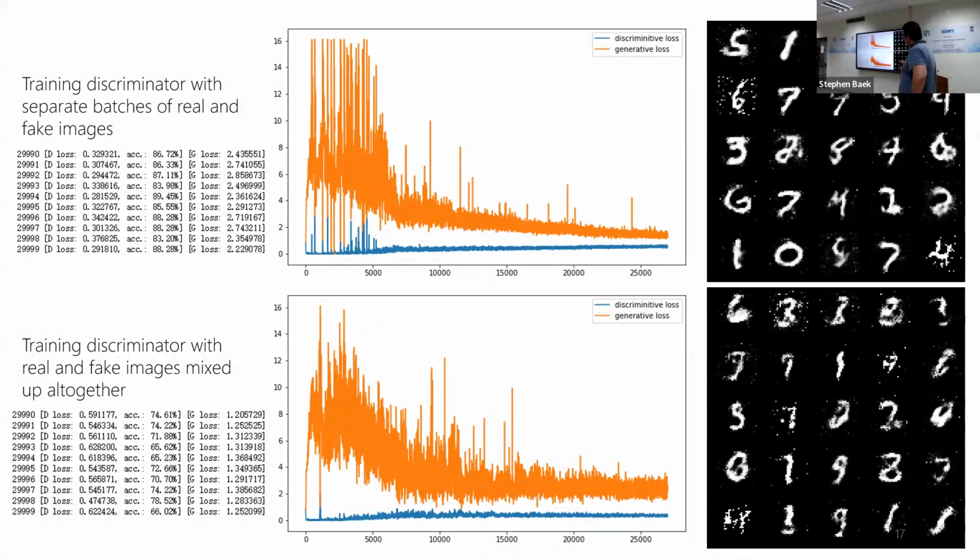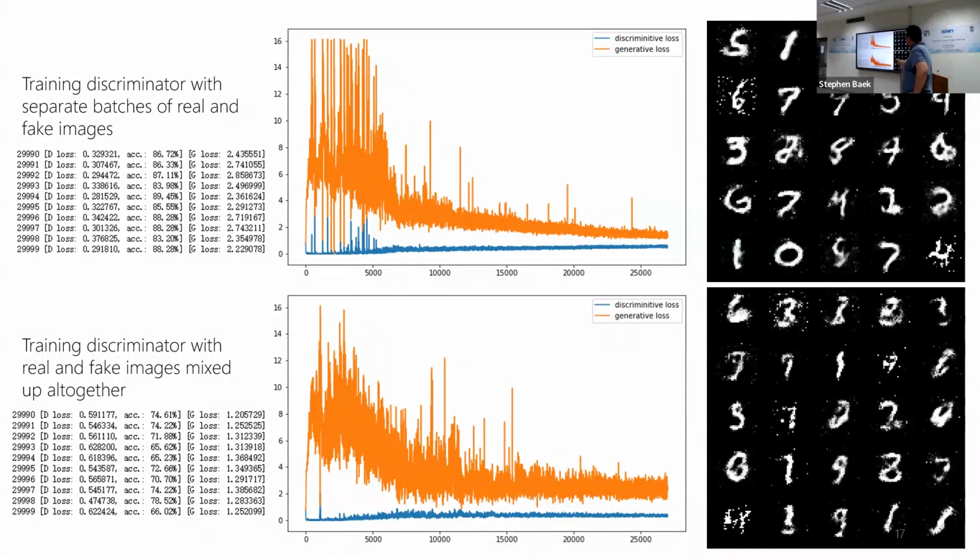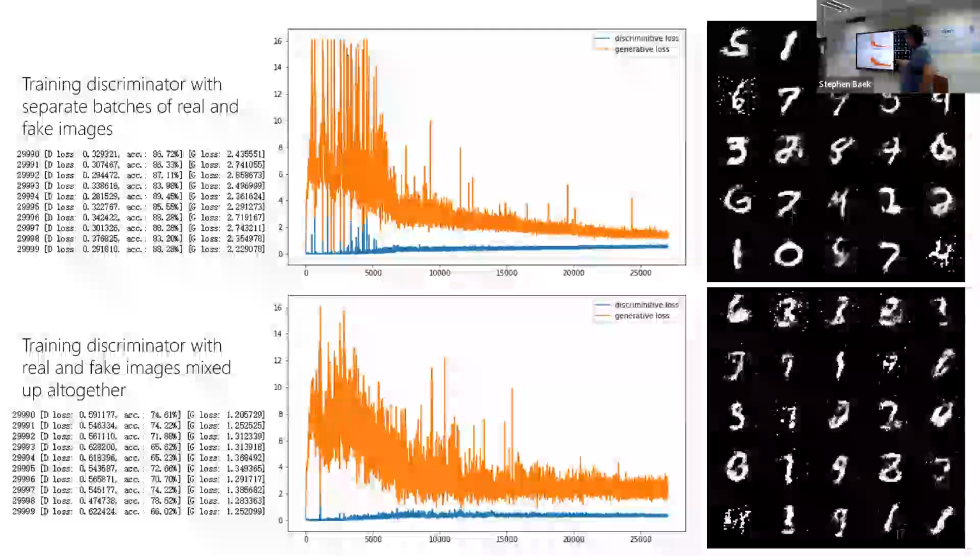They're sort of fighting at the beginning, so it's very noisy, goes up and down, but then eventually sort of converges somewhere. This is not the most excellent example, obviously, because this is a very simple set of images, and the generated images are not very impressive. But that's because we use a very simple architecture.